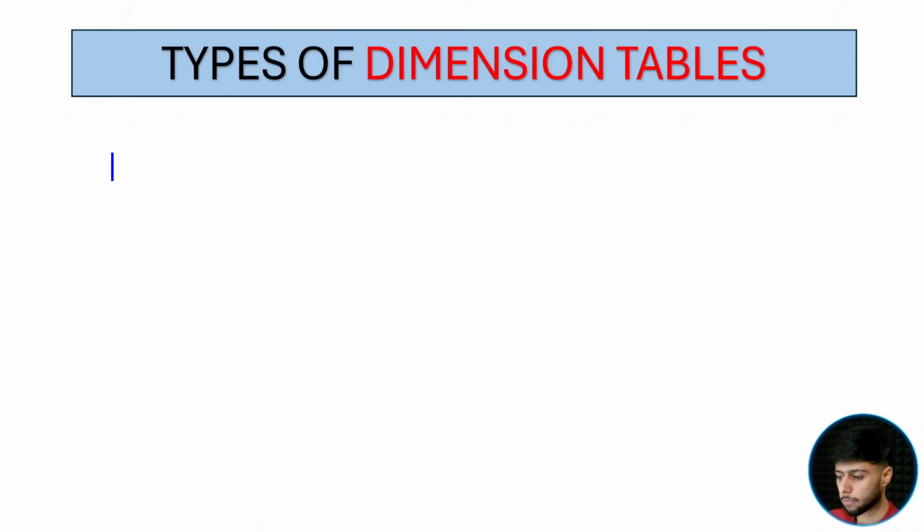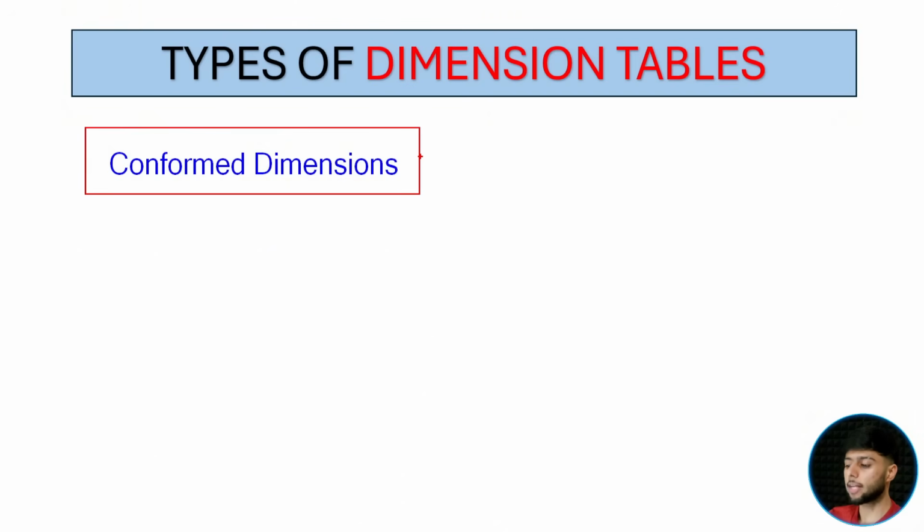So the first type is conformed dimensions. What does it mean and what exactly do we need to cover under this? Let's say you have a dim products.